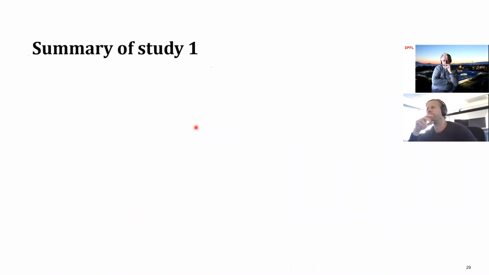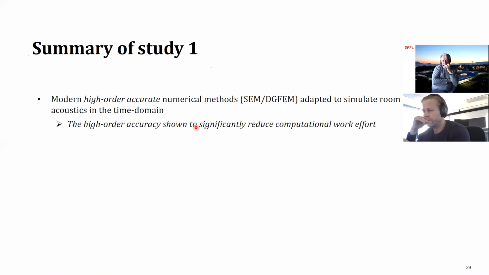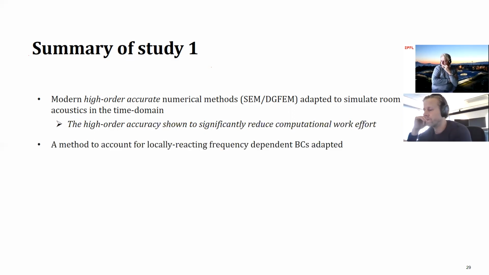Okay, so to summarize study number 1, we adapted modern state-of-the-art numerical methods to simulate room acoustics in the time domain. And we have shown that the high order accuracy is indeed very beneficial to reduce the computational cost when doing room acoustic simulations. We adapted a method for modeling the locally reacting frequency-dependent boundary conditions.